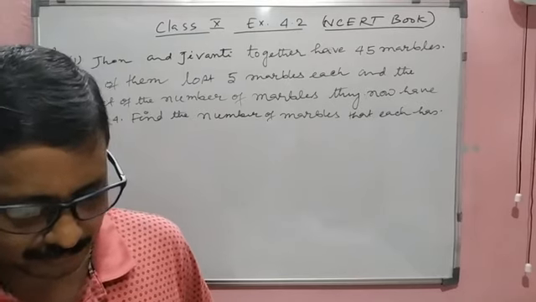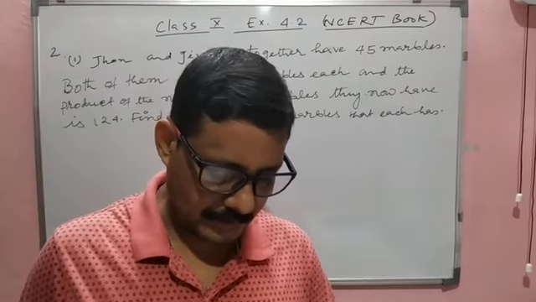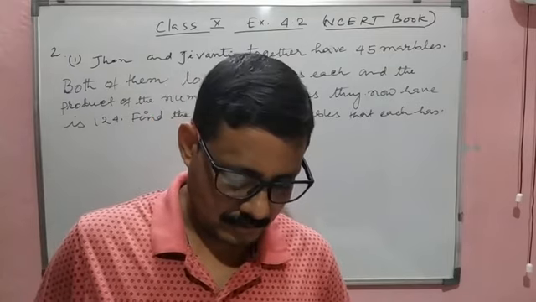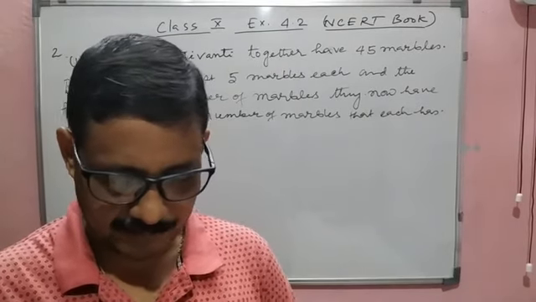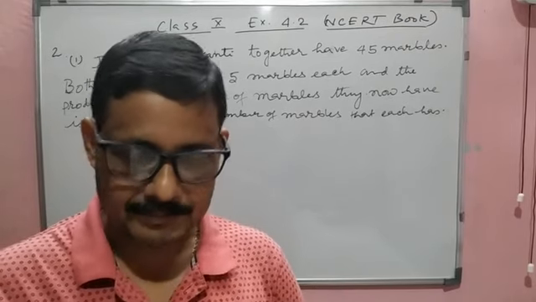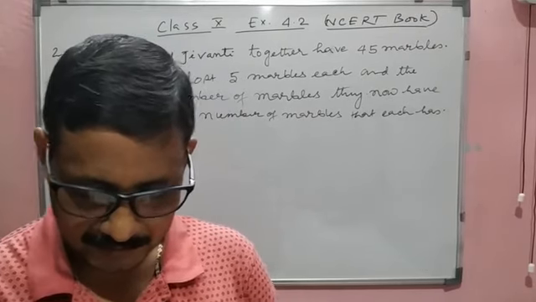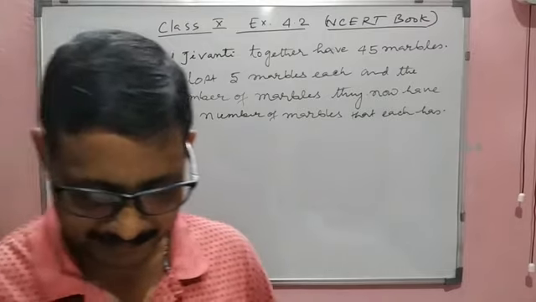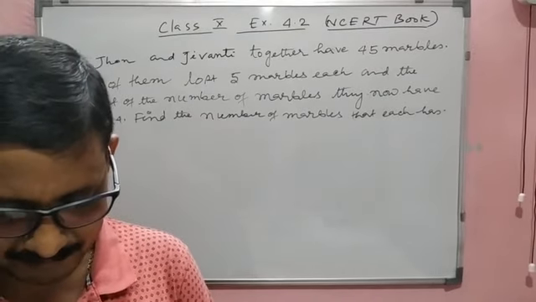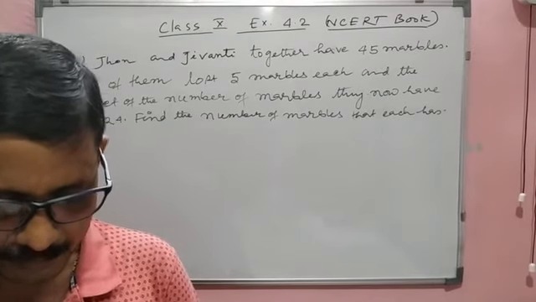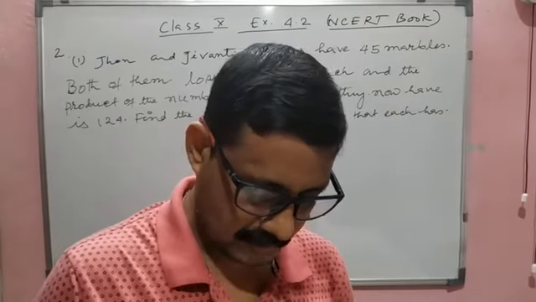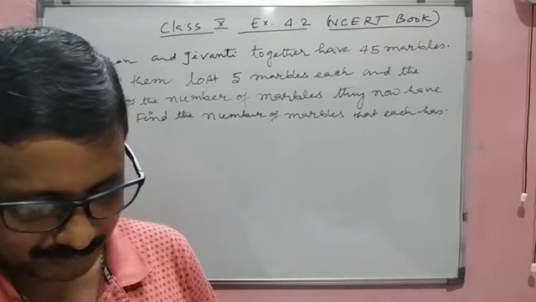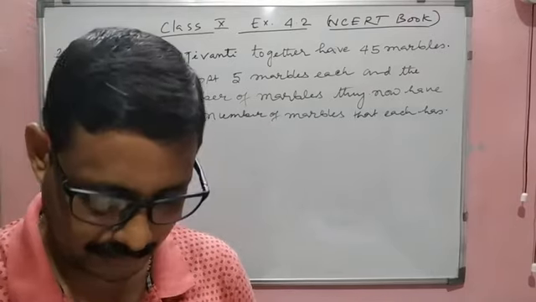Question number 2 in our textbook says to solve the problem given in example 1, which is given on page number 71. Follow your textbook, page number 71, example 1, where there are two questions.